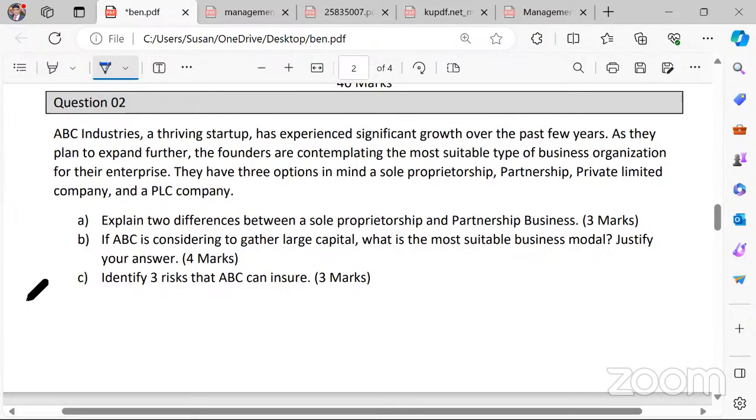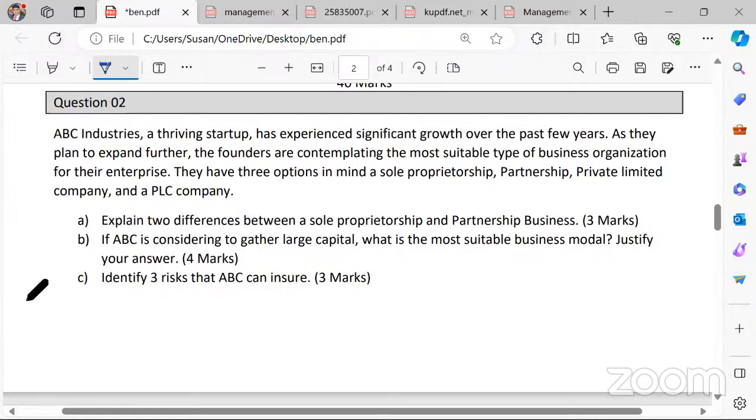Next section. Identify three risks that ABC can insure. What are the risks available with ABC company to insure? They can insure their buildings. They can insure their stocks.